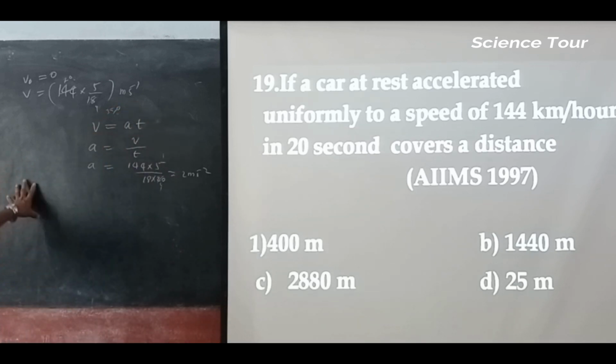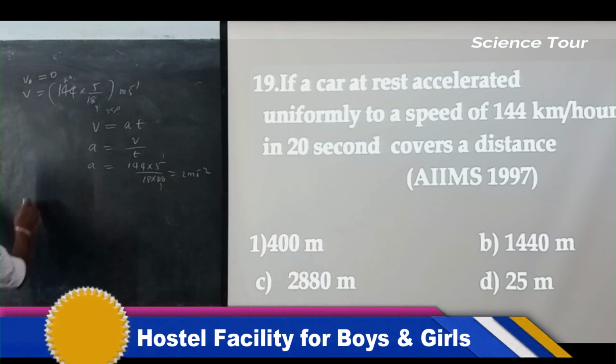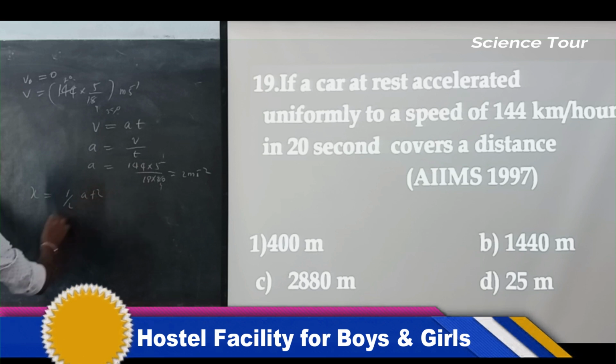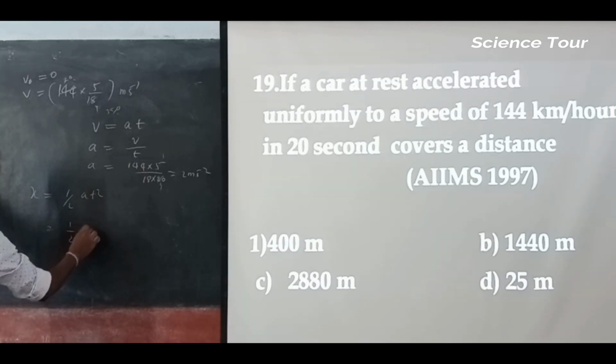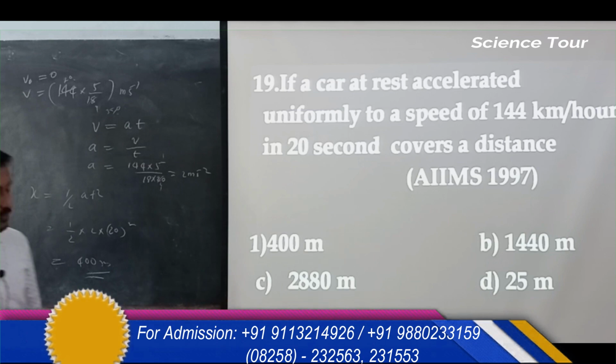After that you have to calculate x, that is v naught t plus half a t square. So half into 2 into 20 whole square, which is equal to 400 meters.